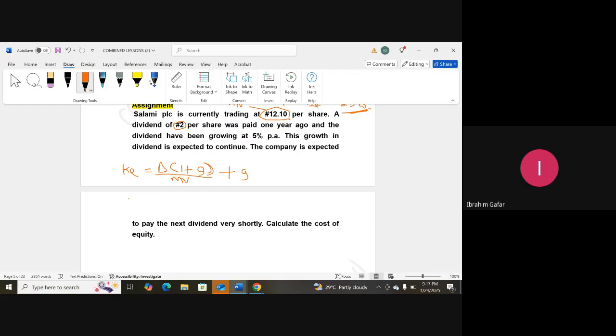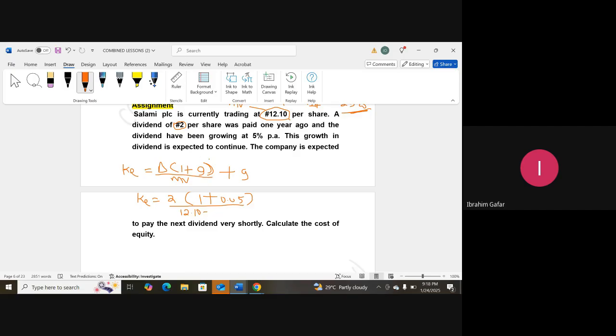So therefore, the cost of equity will be 2 naira into 1 plus the growth rate, which is 0.05, close the bracket, all over market value, which is 12.10, minus that dividend that's growing.